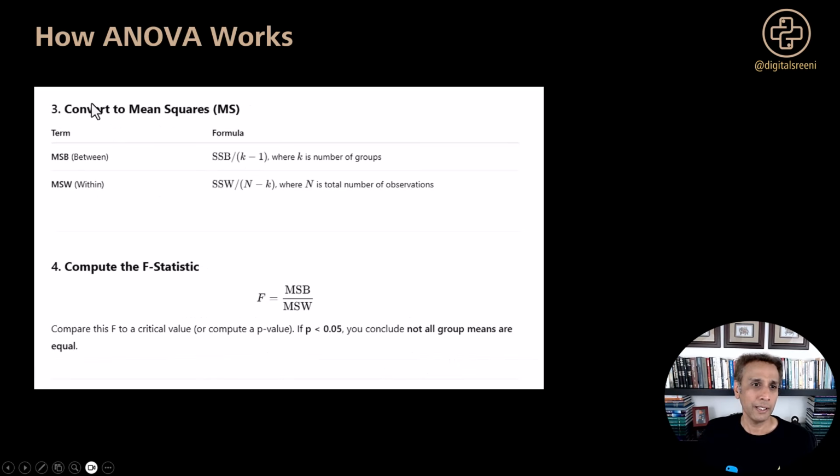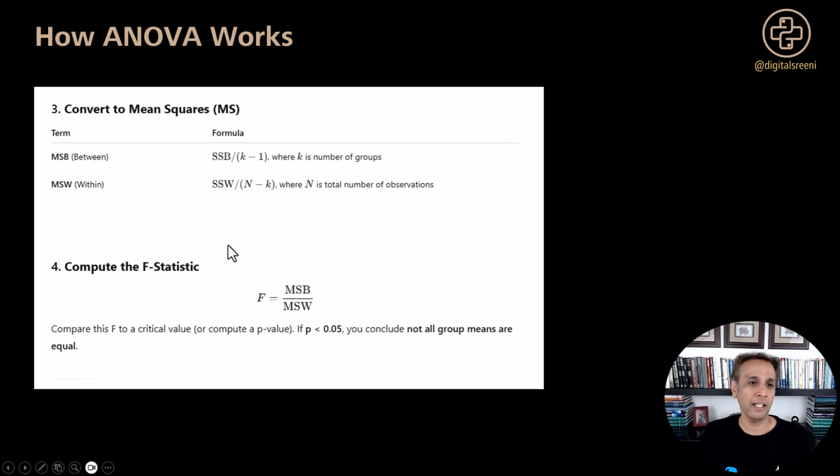The next step is to convert to mean squares. Once you have SSB and SSW, the mean square between is SSB divided by k minus 1, where k is the number of groups, and the mean square within is SSW divided by n minus k, where n is the total number of observations.